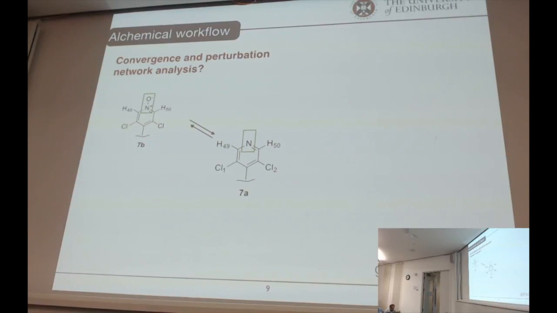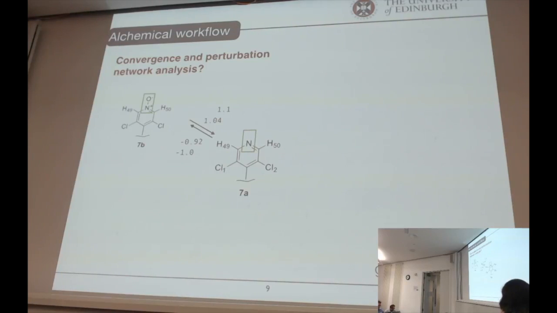To be a bit more precise about how we do this error estimate in this perturbation network, in order to get a good average of an error estimate, we run the same simulation 3 times.